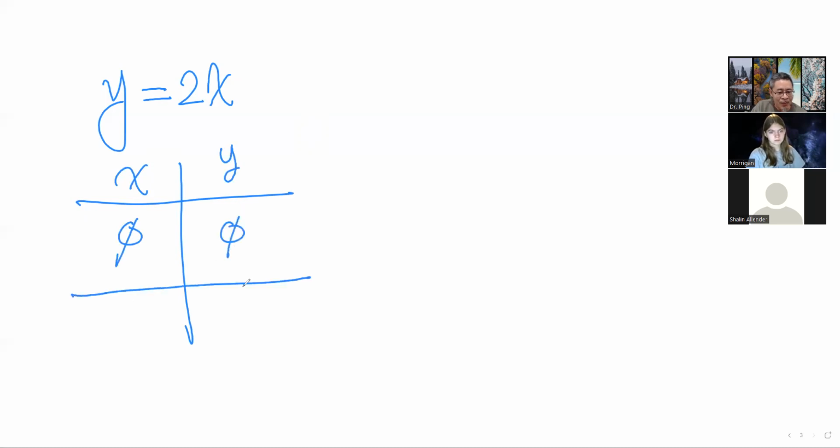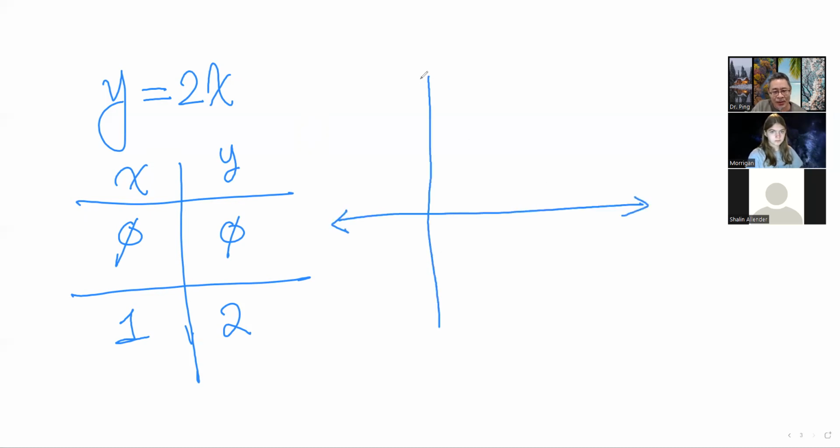When x is 1, our y is 2, right? So with that, we'll find our 0, 0 here. Then 1, 2 is here. And that's enough for us to draw a line. And that is a graph of the function. Good? Got it.